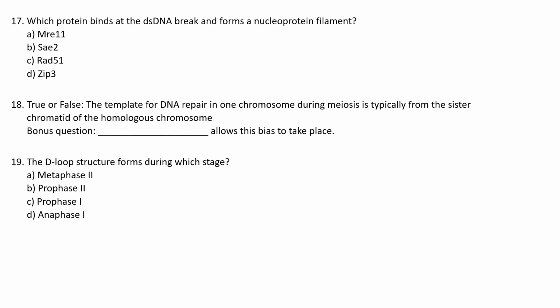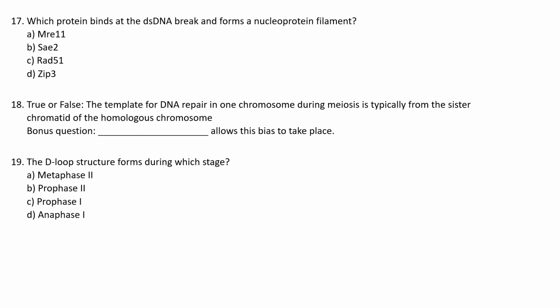So what is this D loop structure? Does anyone know what the D loop structure is important for? So it's important for crossing over, right?